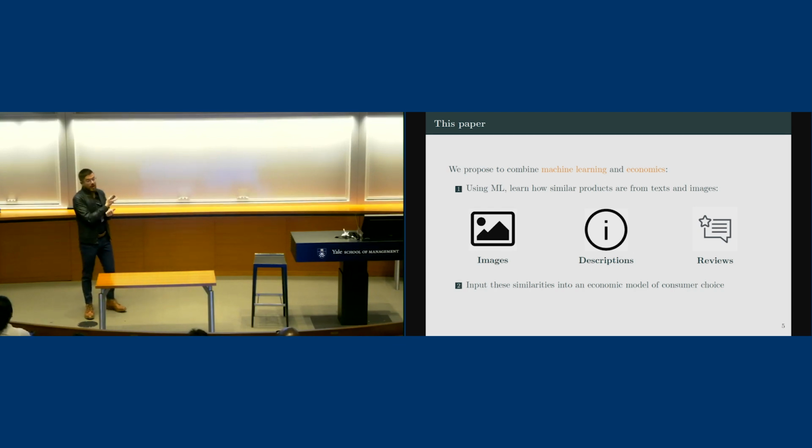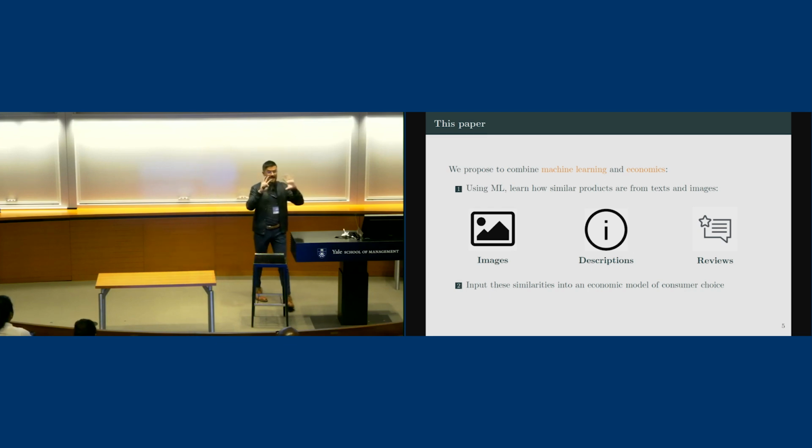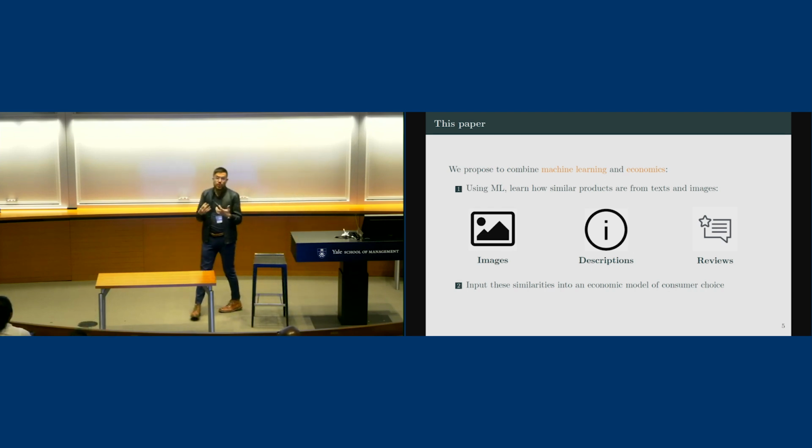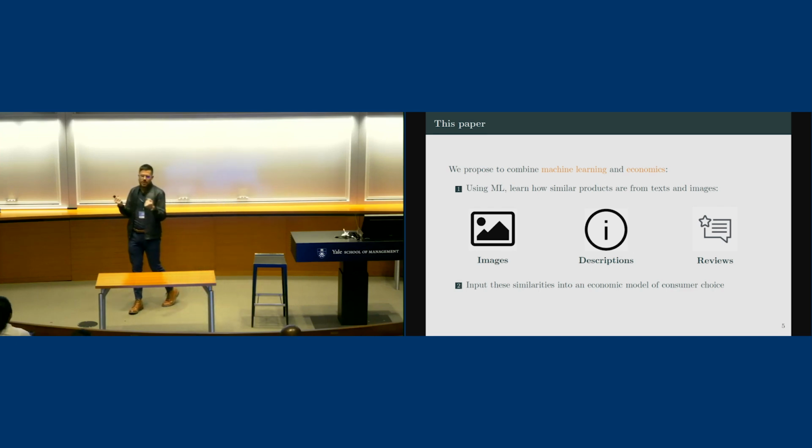So product images is going to be an important one. We're going to look at how similar two products look in terms of their visuals. Product descriptions, we're going to look at the text. Think of an Amazon description of a product on the product page. Reviews, we can look at how customers talk about products. Do they talk about two products in a similar way? Do they say they're similar, versus do they say they're very different from each other?